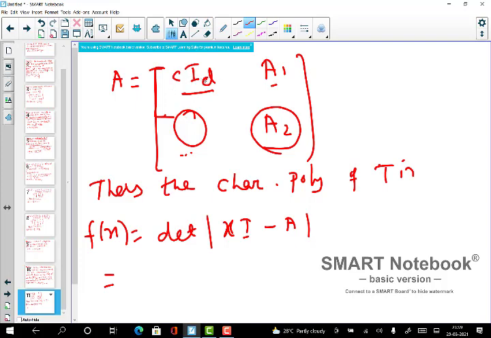In fact, this is the identity times c, right? So that comes out, and you will have (x minus c) to the power d, obviously there, times something else.